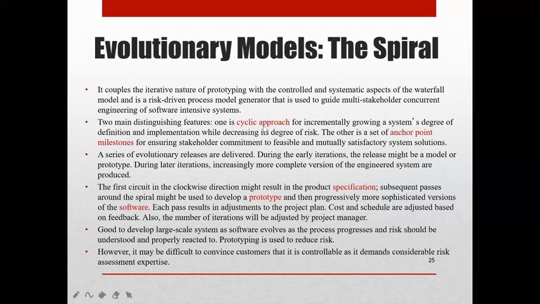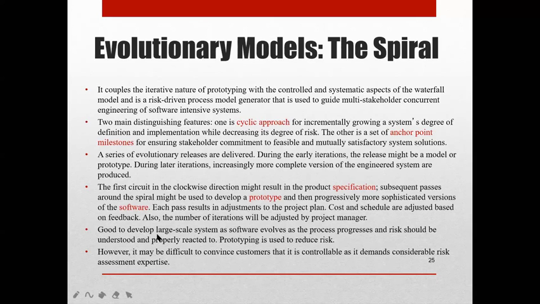So in this cyclic approach, there will be some stages. It is going to fall on all the stages. Here you can see in the initial stage, first you have to collect all the requirements and specifications, and slowly you go to the next stage. If the feedback that has come from your customer is not up to the mark, then you have to go back to the first stage and do the tasks again.